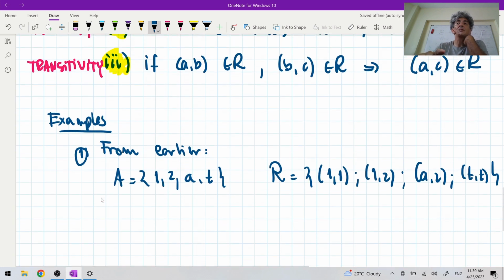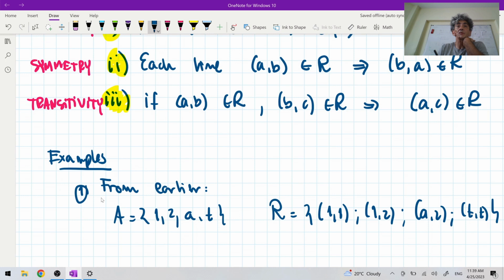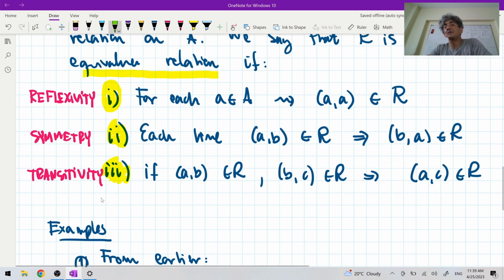So we need to see if this relation R that we are exhibiting here has the property of reflexivity, symmetry, or transitivity.